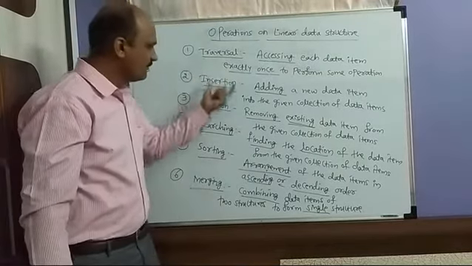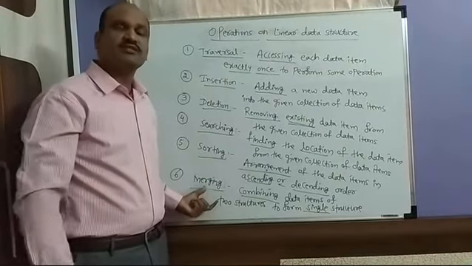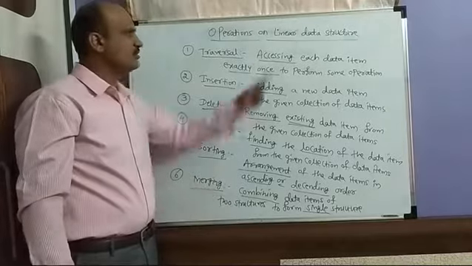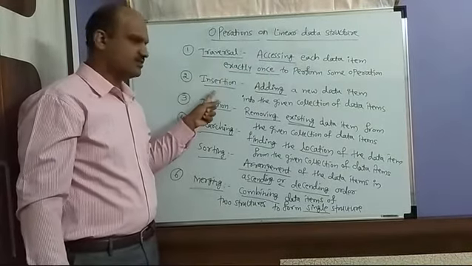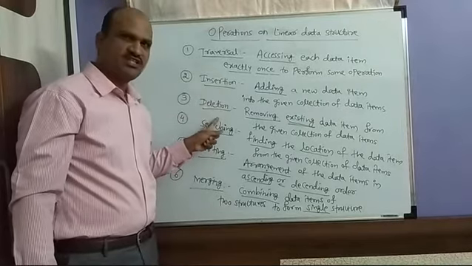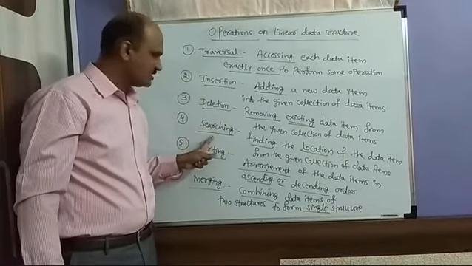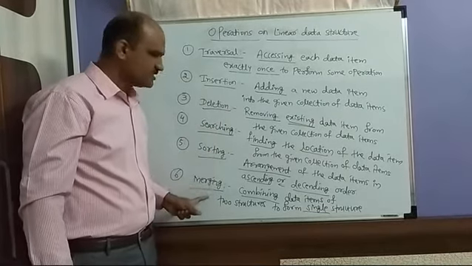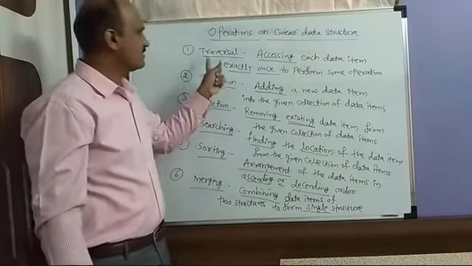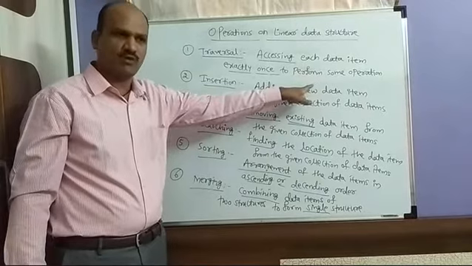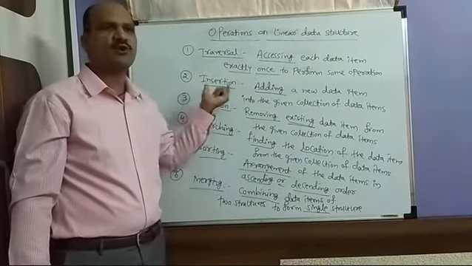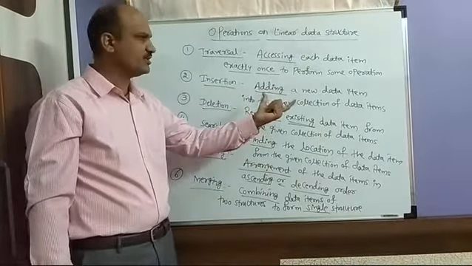So these are the very important general operations you use on linear data structures. First is traversal, second is insertion, third is deletion, fourth is searching, next sorting, next merging. Traversal means you have to access the data at least one time. Insertion means you add new data into the list.